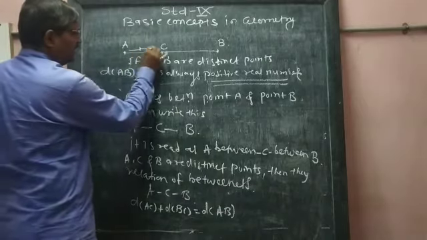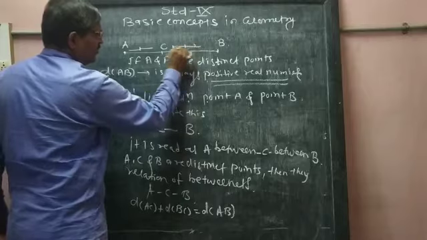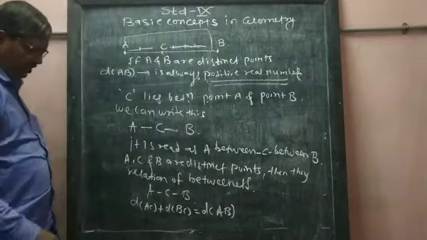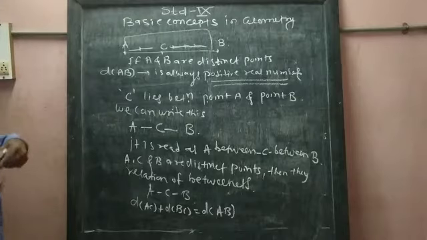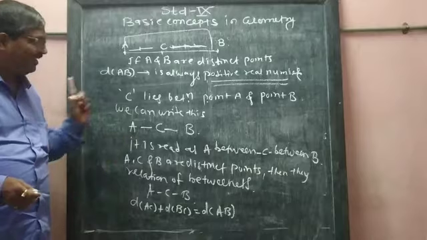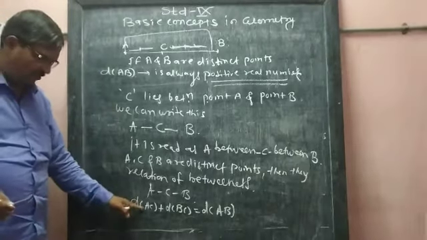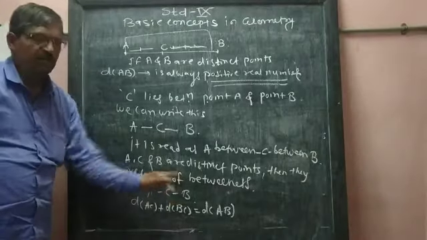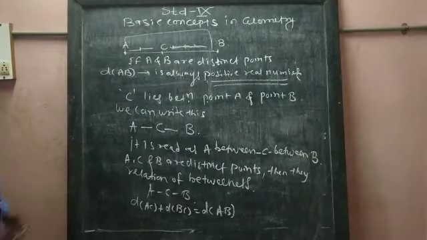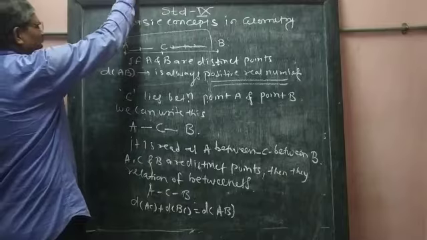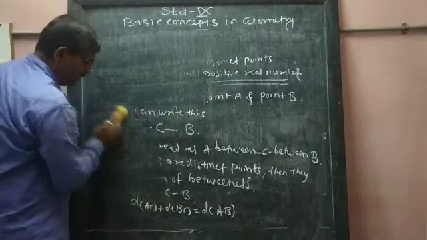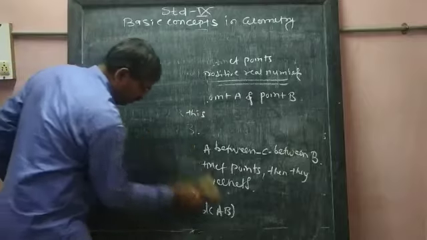When 3 points are collinear and the sum of the smaller distances is equal to the greater distance, then there is betweenness. Related to this, there is exercise 1.1. We will enter into exercise 1.1.